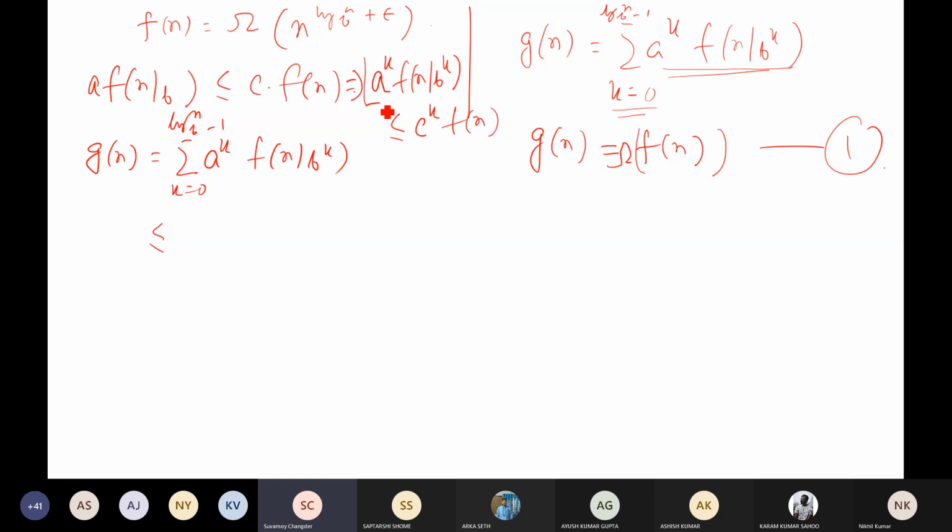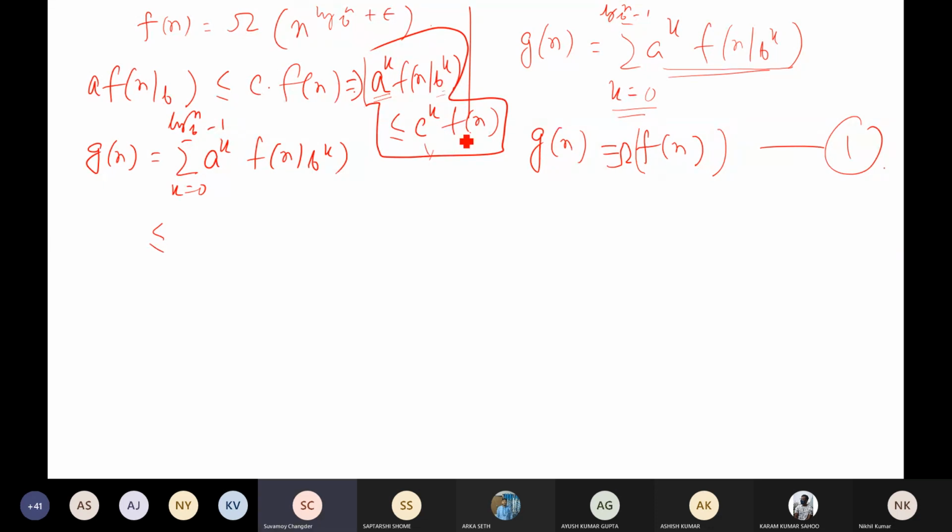Can we write this? Please note, a is a positive constant, b is also a positive constant, c is less than 1. So we cannot simply say that yes, always it will be right. But think about that. a is greater than or equal to 1, b is also greater than 1, c is less than 1. So if we go to the power of a to the power k, can we say that yes, this will be correct?